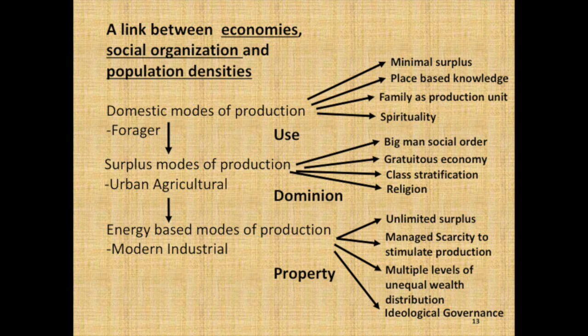When we begin to develop surplus modes of production through much denser populations like congregations of villages, we develop a big man social order. That is a chieftainship or a regional leader. And that establishes a gratuitous economy where the leader is responsible for determining who gets the surplus, who gets more than others in order to establish the kind of protection or the defense that the leader might need.